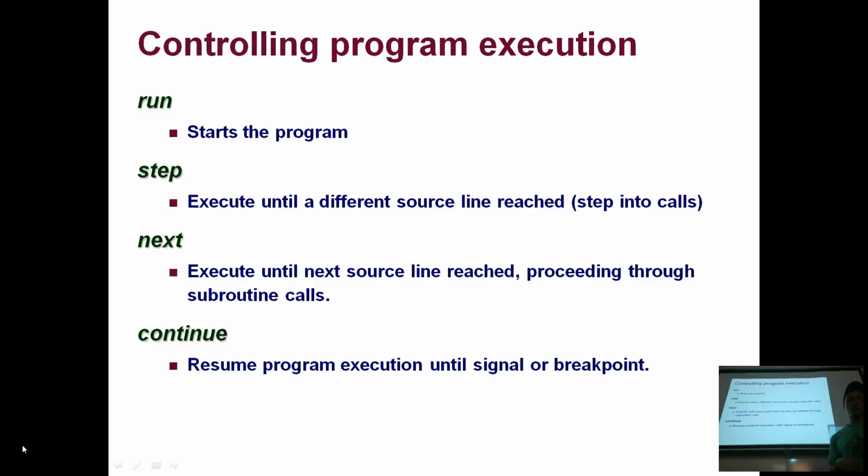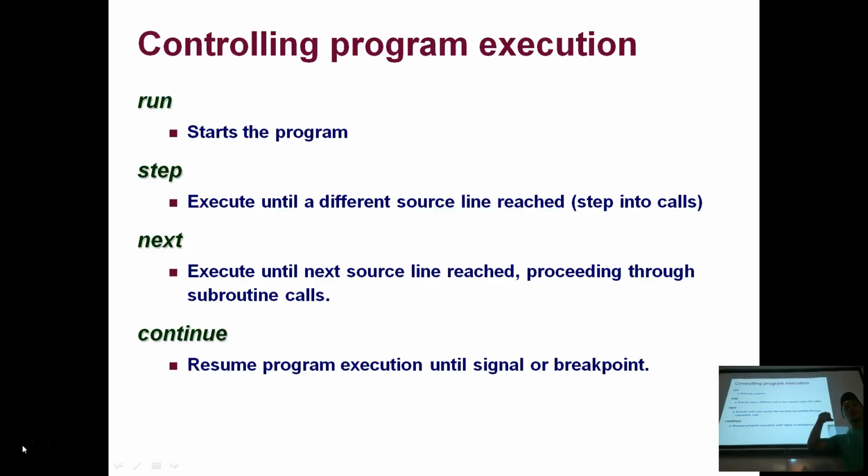Well, the easiest one is run, which starts the program. Step executes until a different source line is reached, so you can think of that as just one more step in your program. Next will execute until the next source line is reached.